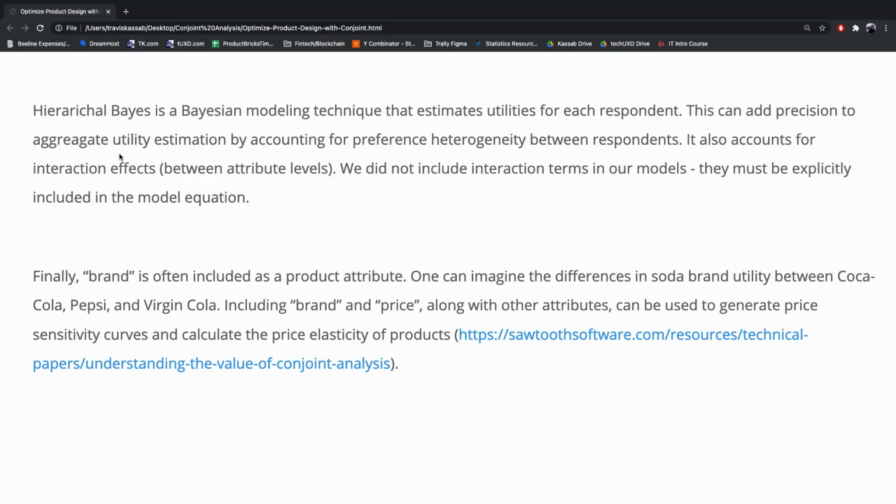And then there is another one I want to talk about, which is called hierarchical Bayes. It's a mixed model that gives you, instead of an aggregate utility, which we calculated for our sample overall, hierarchical Bayes calculates utilities for each respondent. And this gives more precise results.